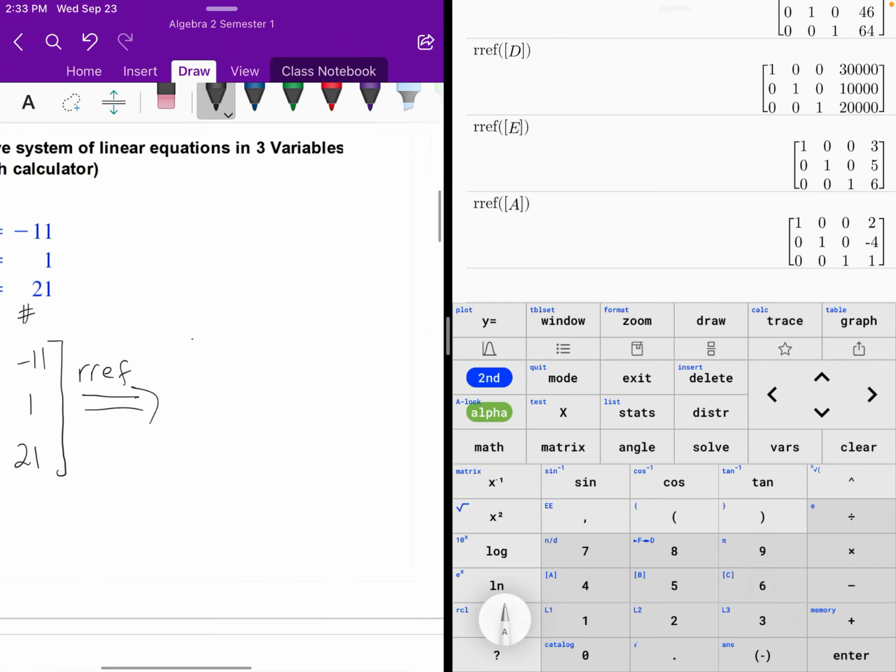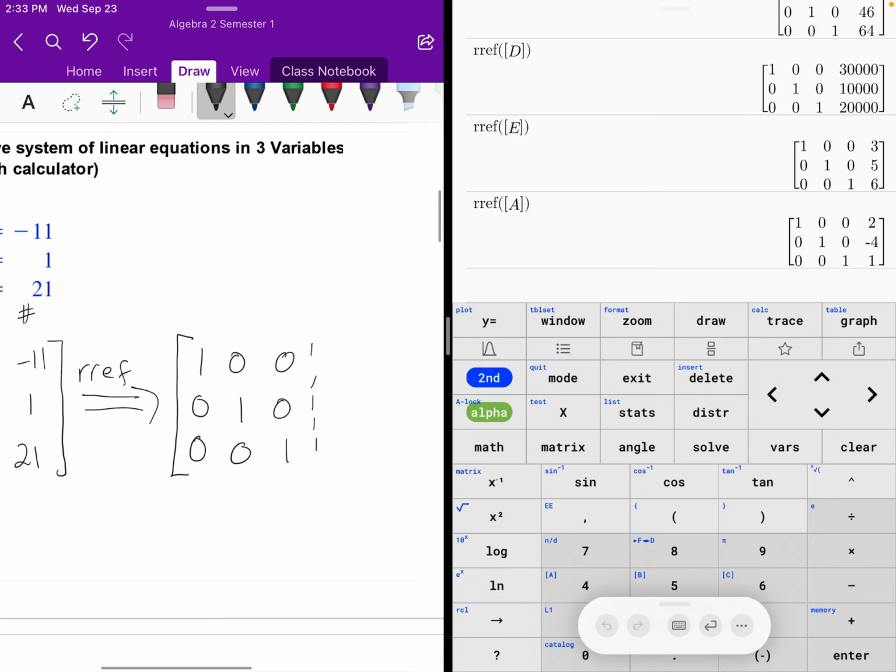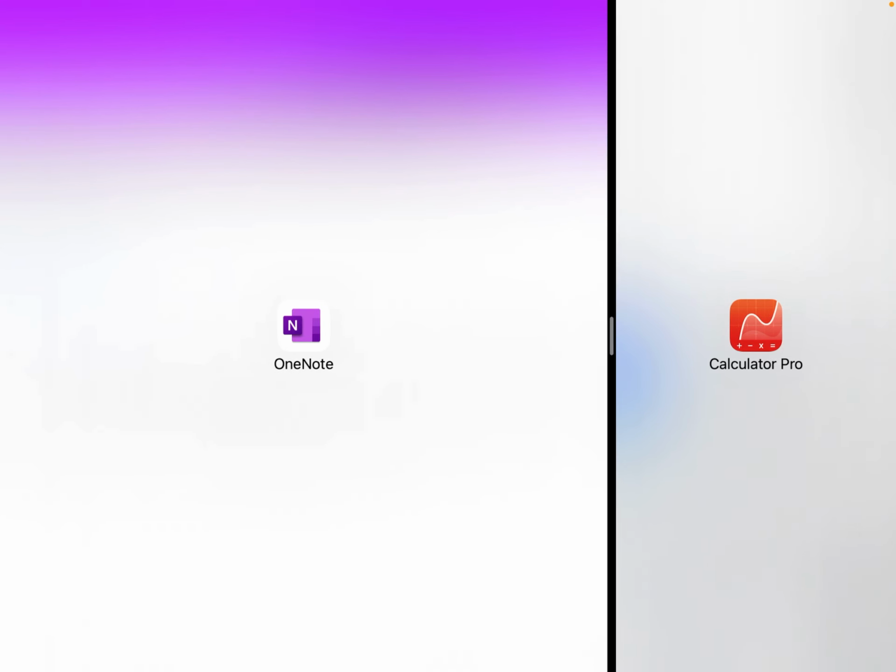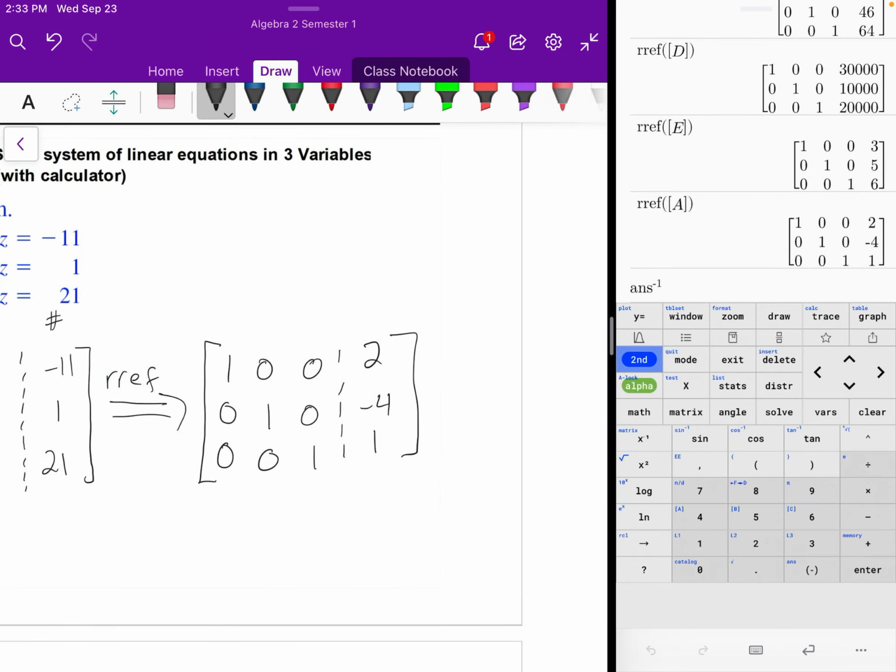It will give us a matrix where you get a diagonal of ones, which we call the identity matrix, which is exactly what we want to get. So I got 2, -4, 1. If you notice, that first column we said was x, this was y, z, and then our numbers.